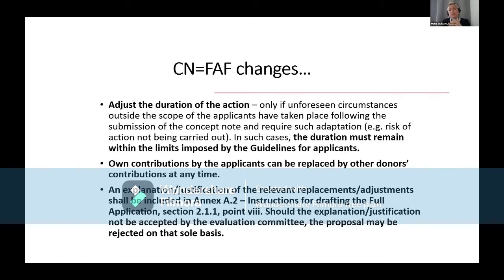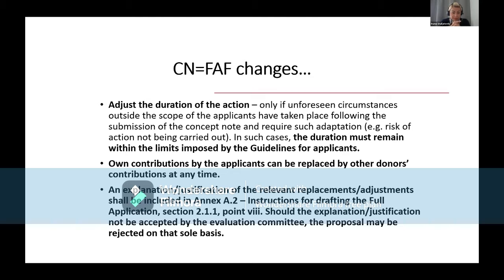You can replace your own contributions by other donors' contributions at any time. This was one of the questions that even my colleague Alexandra has explained. Anytime you can replace your own contributions if you find another donor, but in that sense, it cannot be, again, EU or EDF; you need to respect that you don't ask for co-financing from basically the same donors.